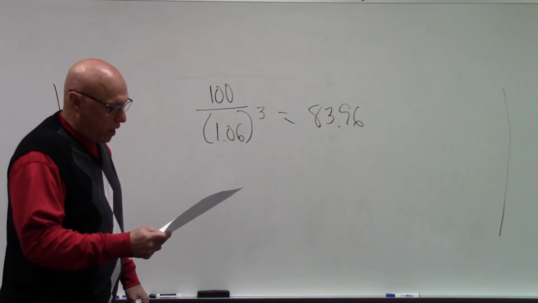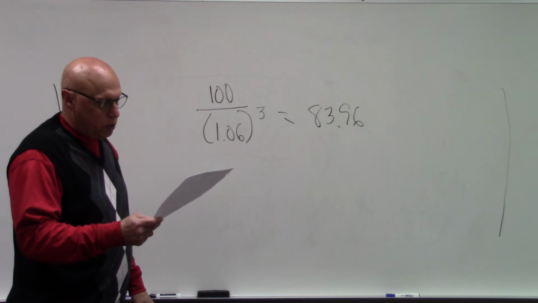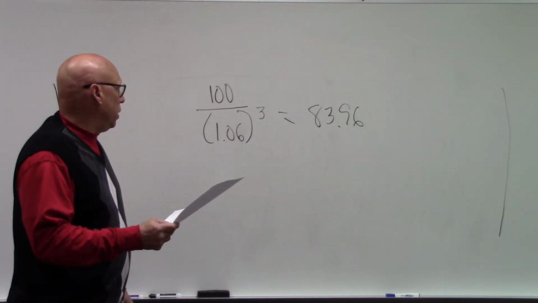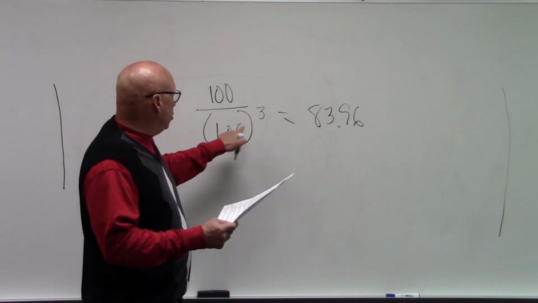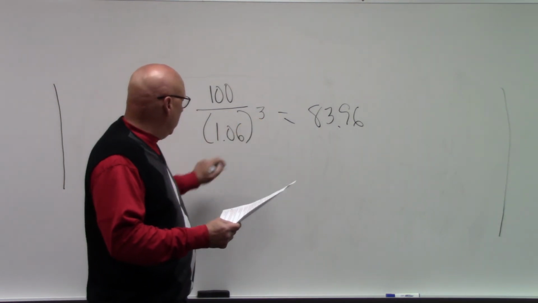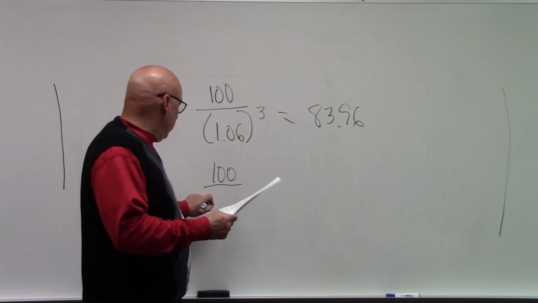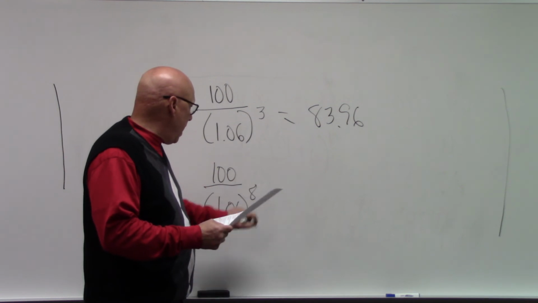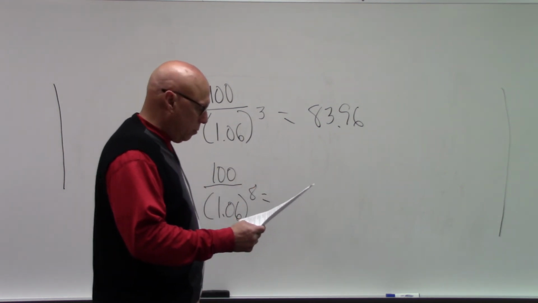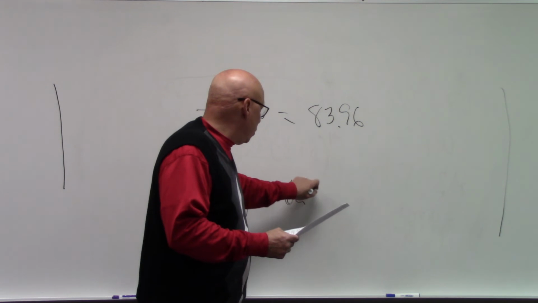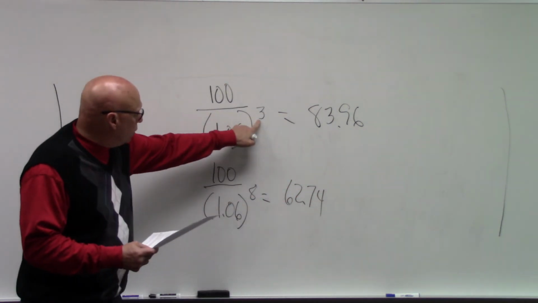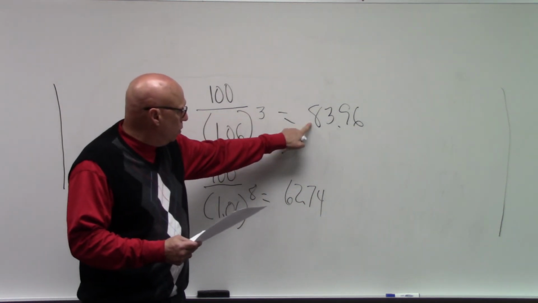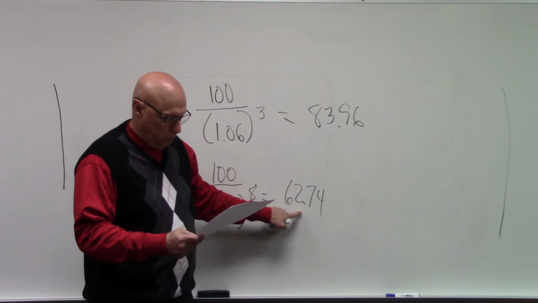What is the present value of $100 to be received in 8 years if your discount rate is 6%? Okay? So the only thing that changes is this number here. So it's 100 divided by 1.06 raised to the 8th. And that number goes to $62.74.